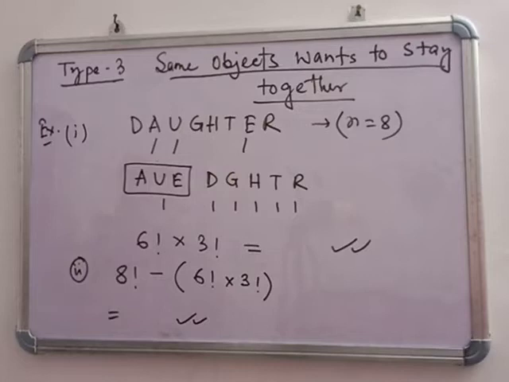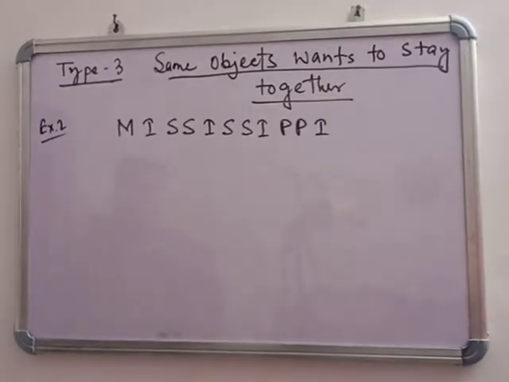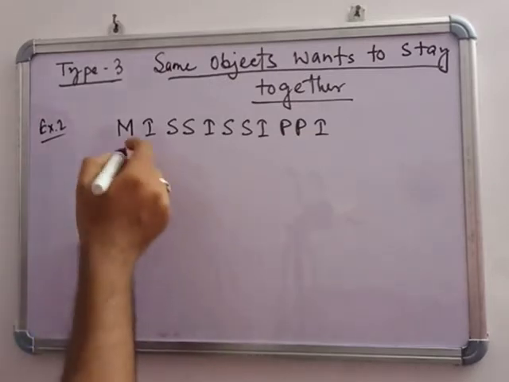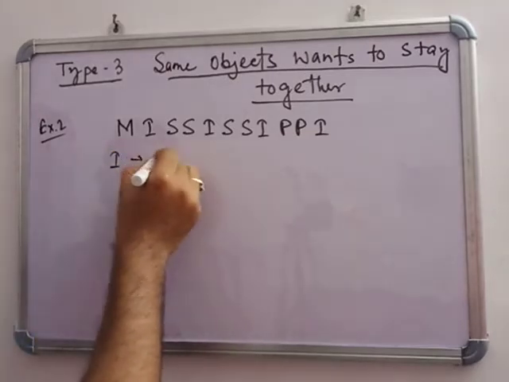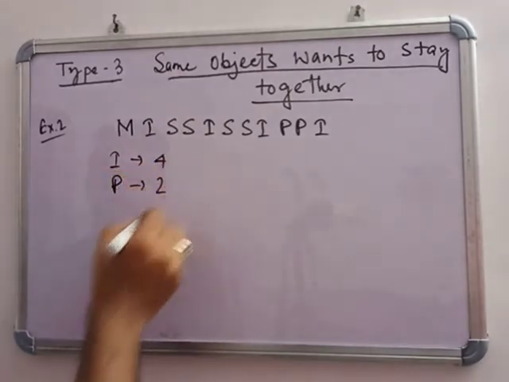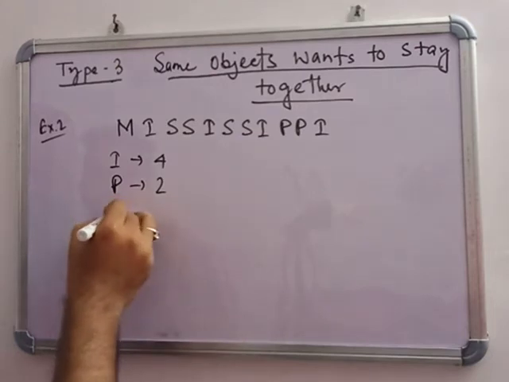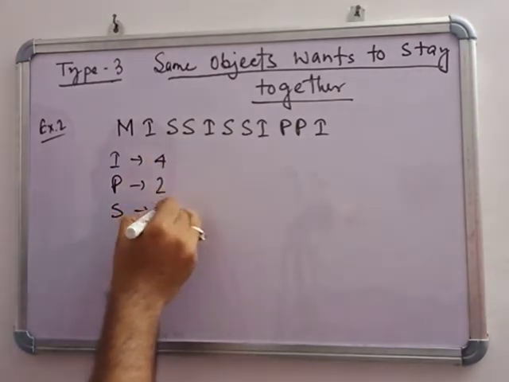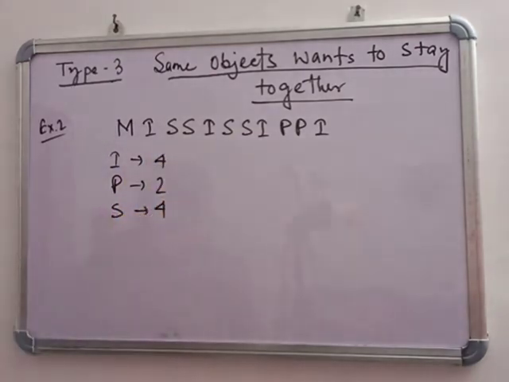Now we are going to see another example, the very popular word Mississippi. How many I's are there? 4 I's are there. How many P's are there? 2 P's are there. How many S's are there? 4 S's are there. Now in the question, the 4 I's must not come together.